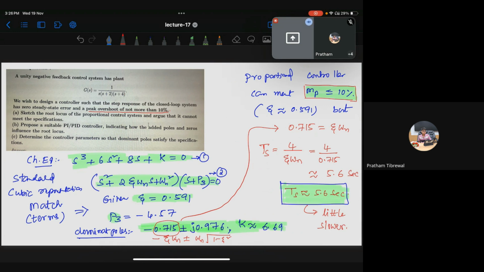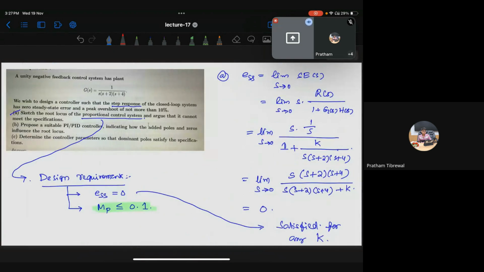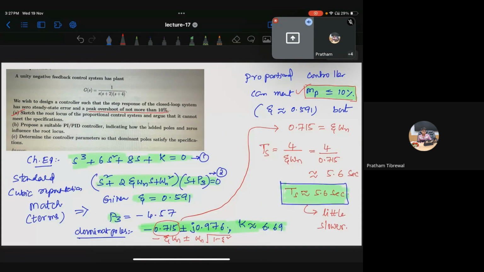So here, for the first question, we need to draw the root locus with the proportional controller and check whether it is meeting the requirements or not. It is meeting the requirement that ESS, the steady state error, becomes 0, and for zeta equal to 0.591 we get peak overshoot of 10%.